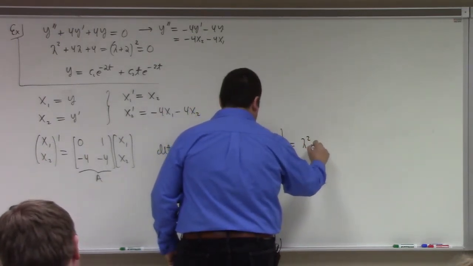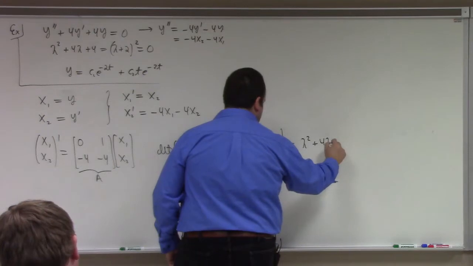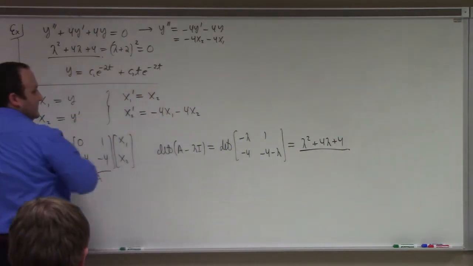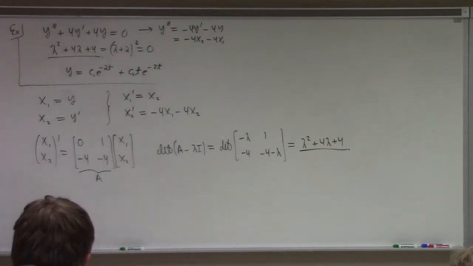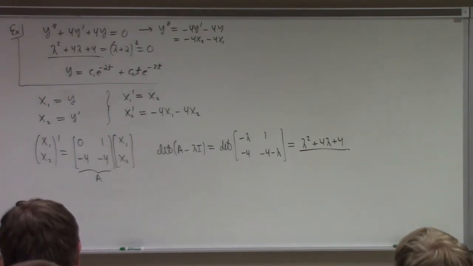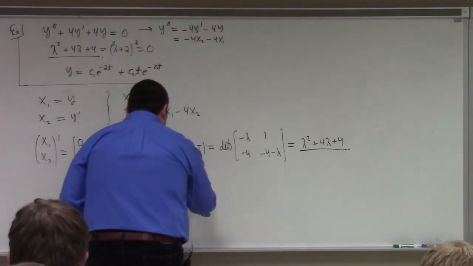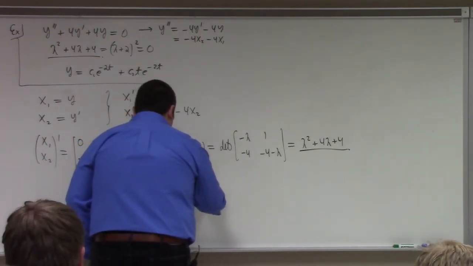Lambda squared plus 4 lambda plus 4, right? That's not surprising, is it? Same algebra. So lambda equals minus 2 twice, and if we look at A minus 2I times u, what do we get?